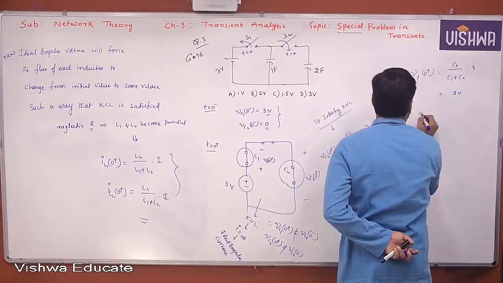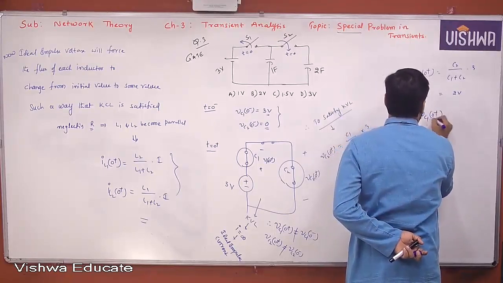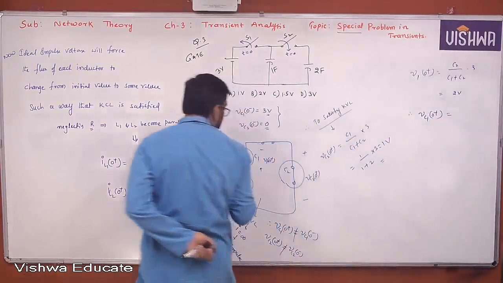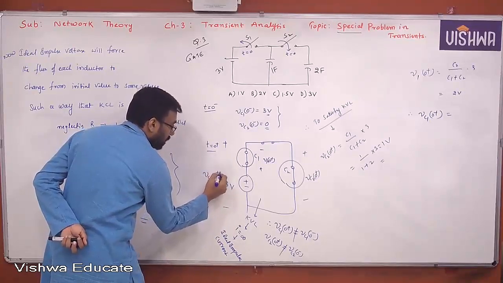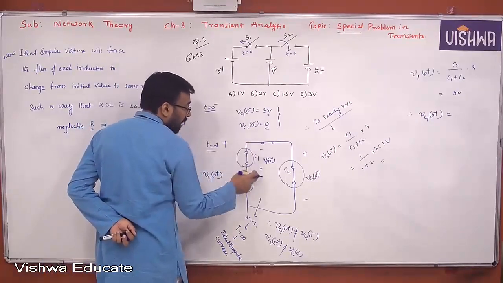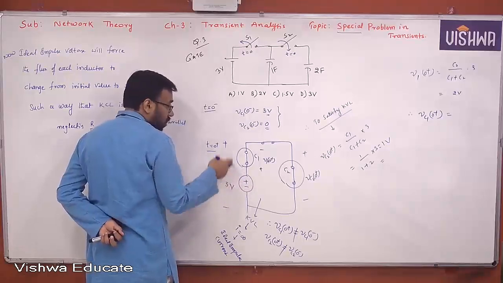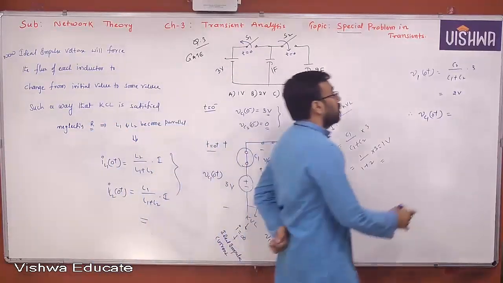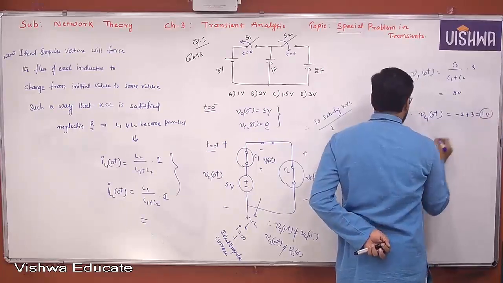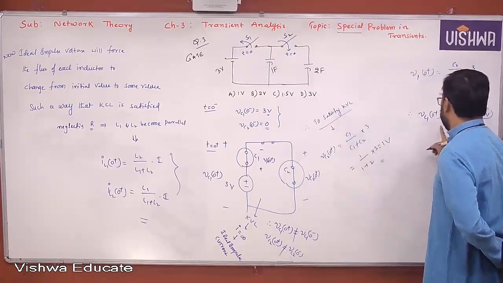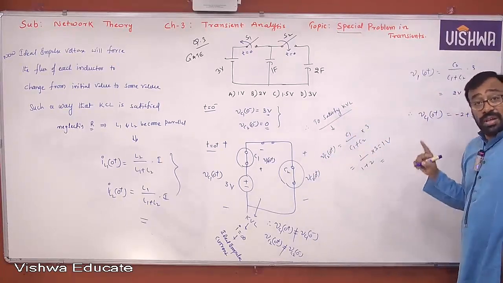But what actually VC1 of 0 plus is, is the total voltage. Here it is the total voltage. This is VC1 of 0 plus. Minus plus 2 volts, plus minus 3 volts. The algebraic sum will give you minus 2 plus 3, again 1 volt. That means you got VC1 of 0 plus and VC2 of 0 plus, both are the same or not? Yes, they are.